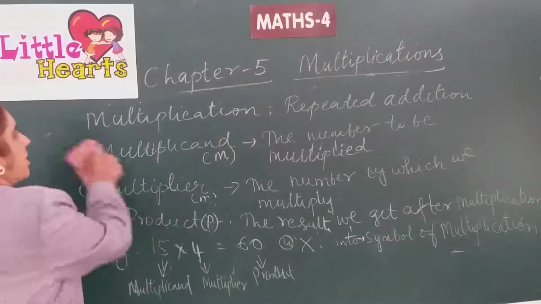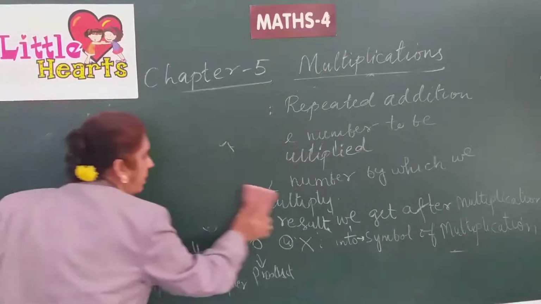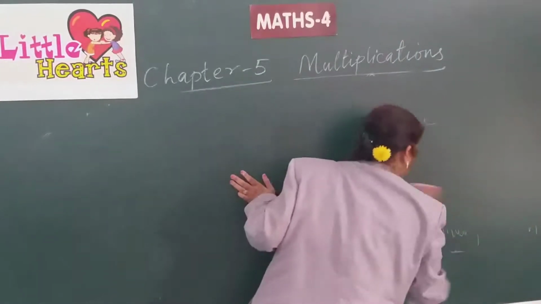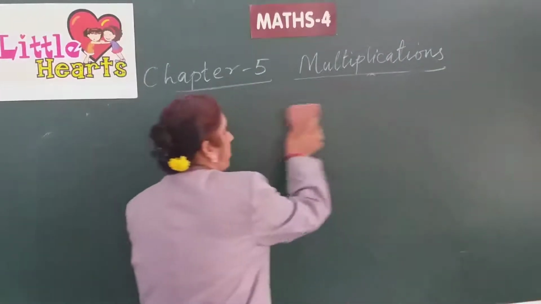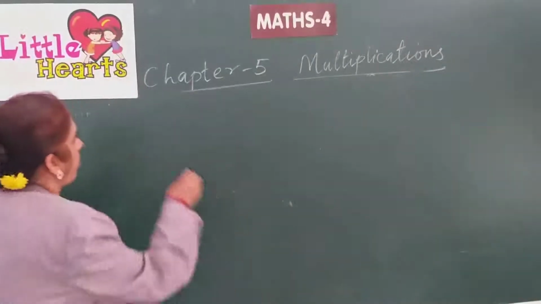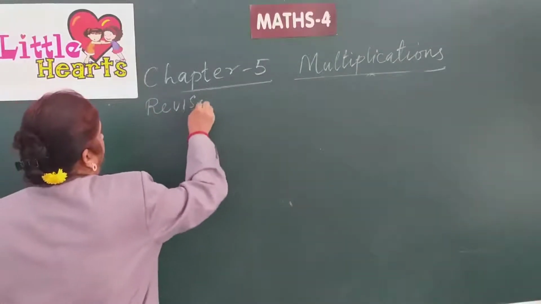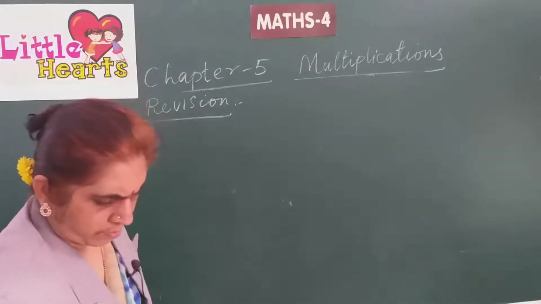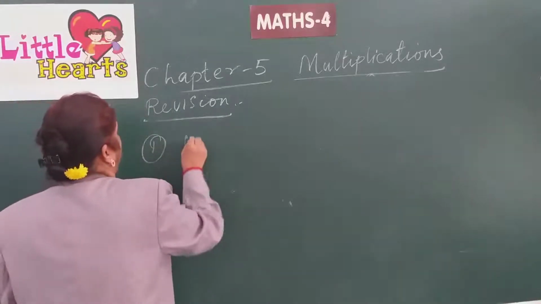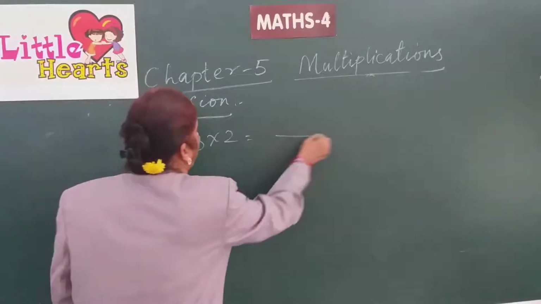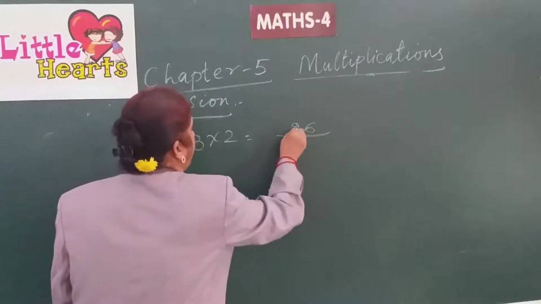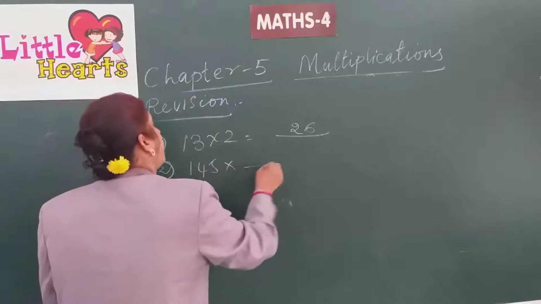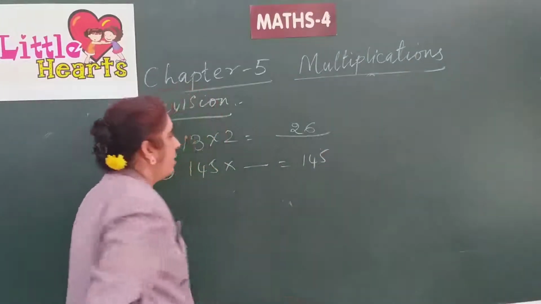Let us revise some concepts or topics which you learnt in class 3. 13 into 2 is equal to dash. 2 3s are 6, 2 1s are 2, so 26. 140 into dash is equal to 140.